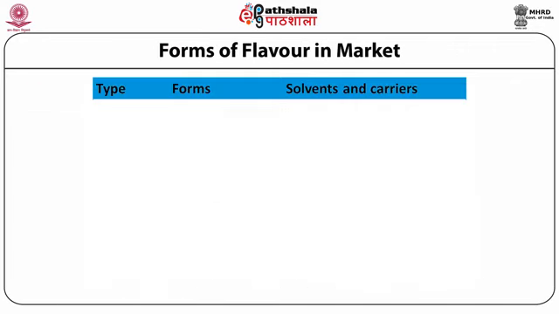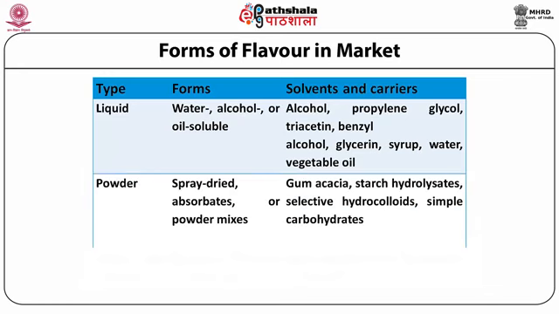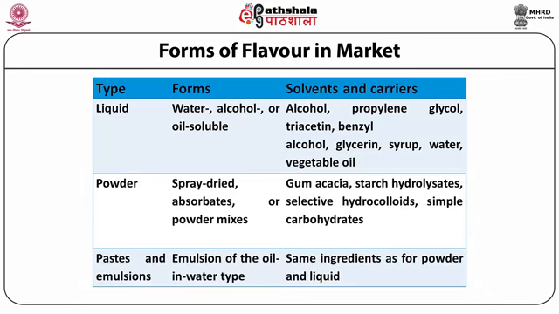Now, forms of flavors that are available in the market. The flavors may be available in liquid form, very commonly used, may be in powder form or as pastes or emulsions.